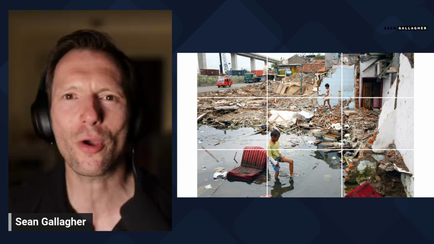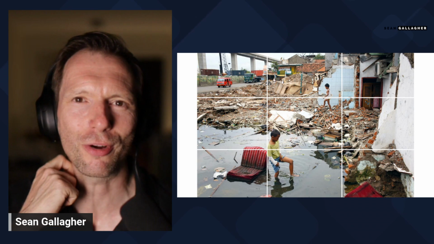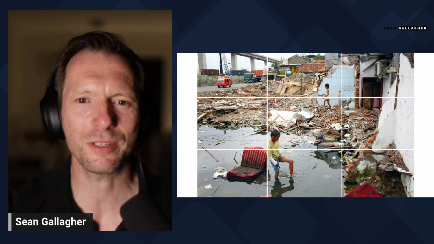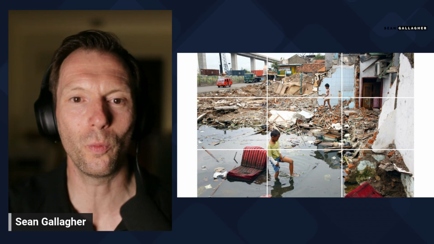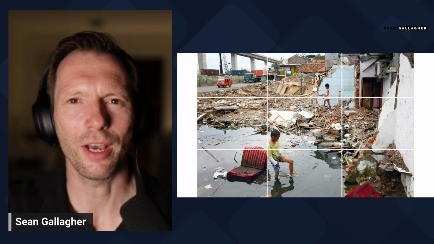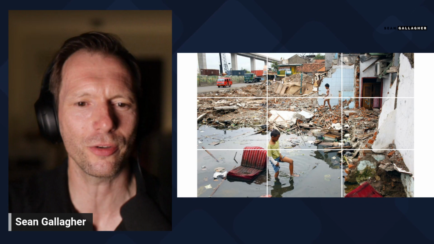So if you don't get your main subject on one of the exact intersections or on one of the lines, then that's okay. You can see in this particular image, it still works really, really well. That dynamic between the two children works very, very well, even if they're not exactly 100% on those crosshairs.